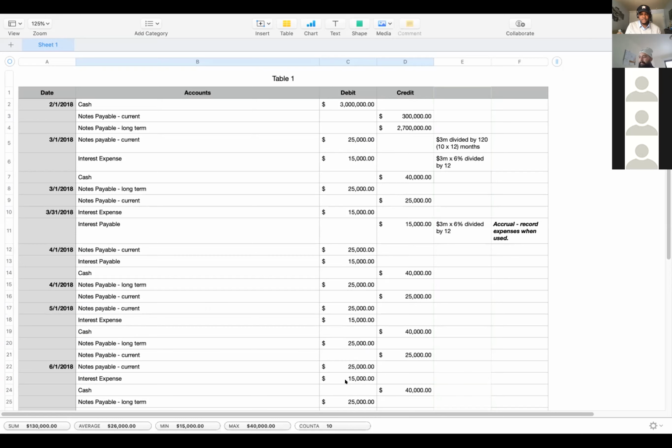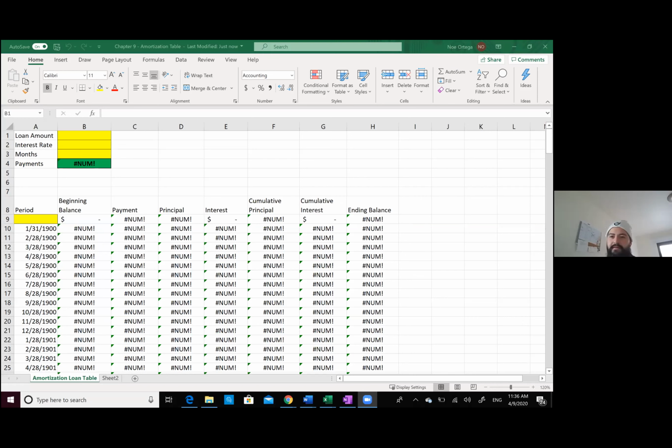All right, so I'm going to stop my share so that you can share your screen. Is it up? Yep, you can see it. Okay, so loan amount was 3 million. Interest rate was 6%.